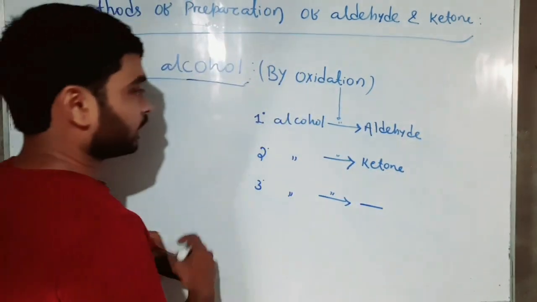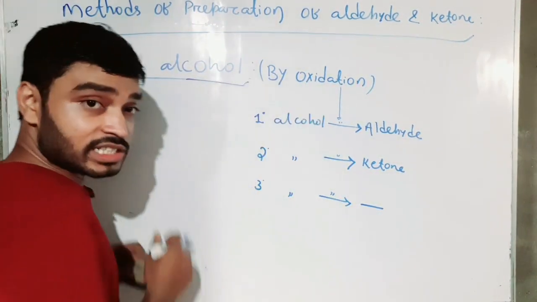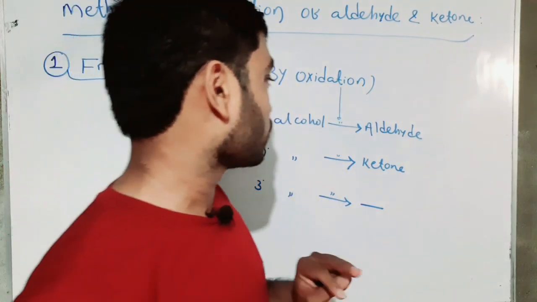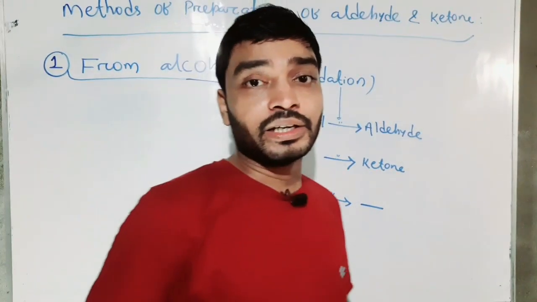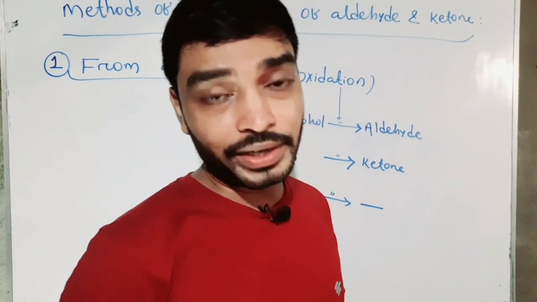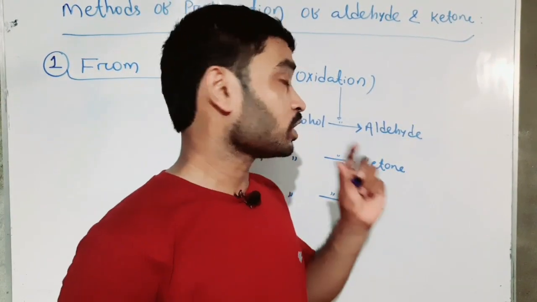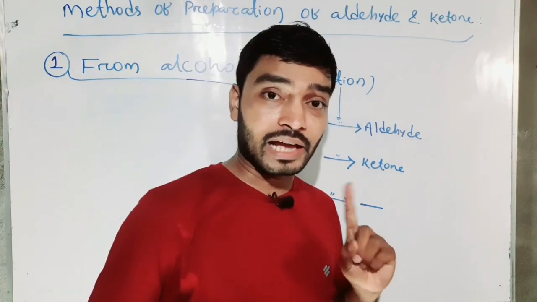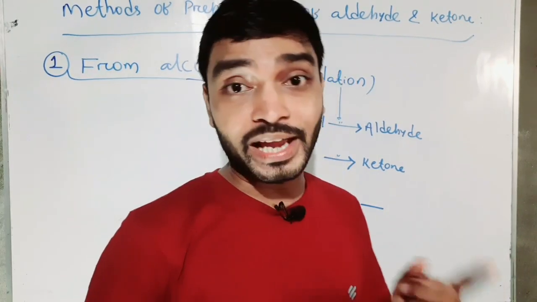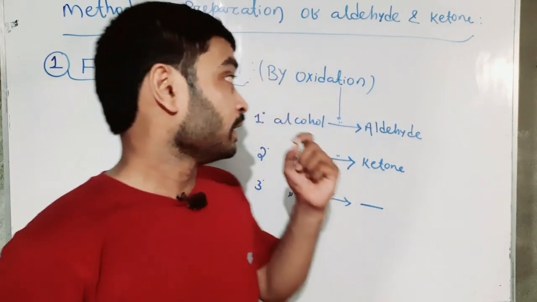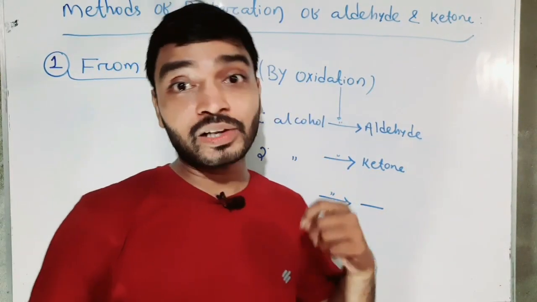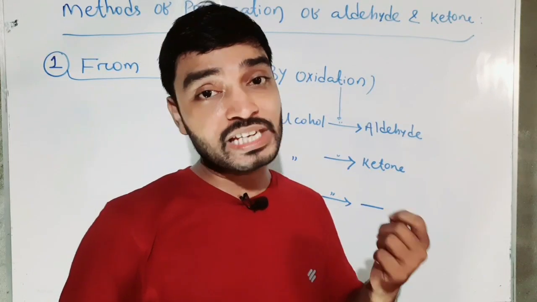During oxidation, two things occur: if alcohol gets oxidized, dehydration occurs. Why does dehydration occur? Because during oxidation, the carbon atom which contains the hydroxyl group, the functional group of alcohol, acquires another hydroxyl group, which goes against the rule.